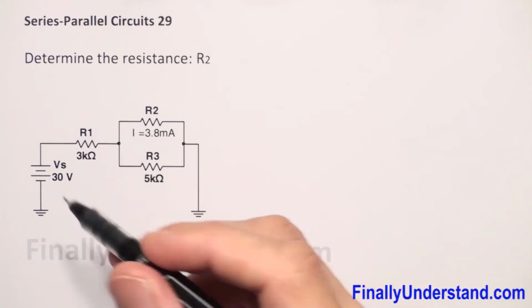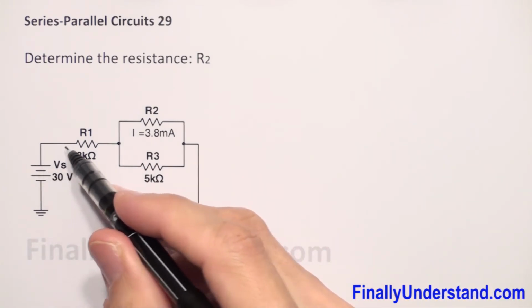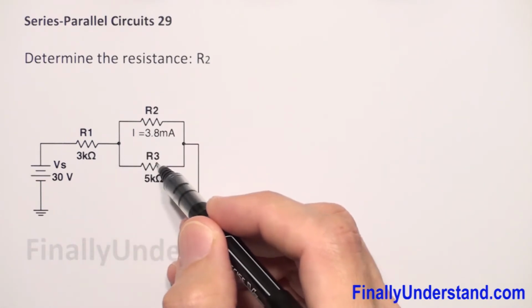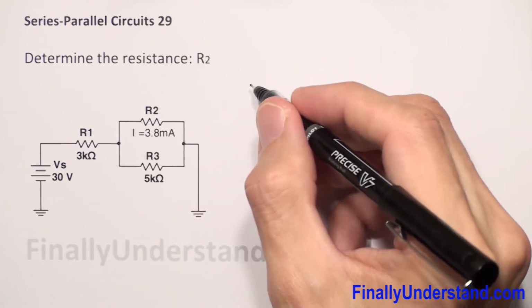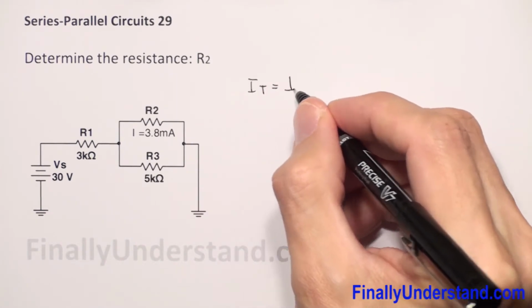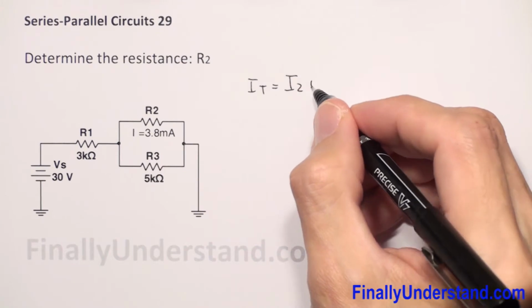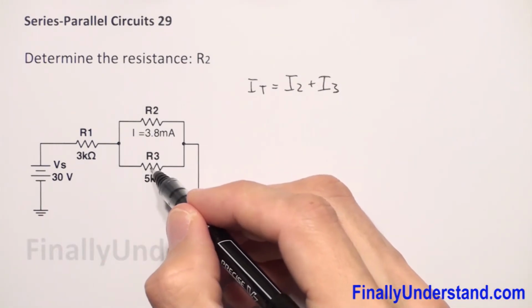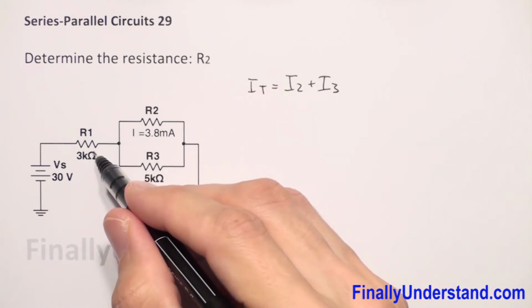You're supposed to realize that my total current is going to go through resistor R1 and is going to split into two currents. So I'm going to simply write that I total is equal to I2 plus I3, right? This current plus this current will give me I total.